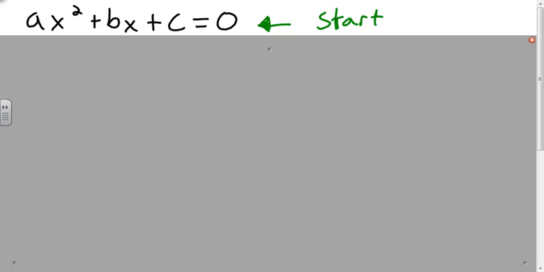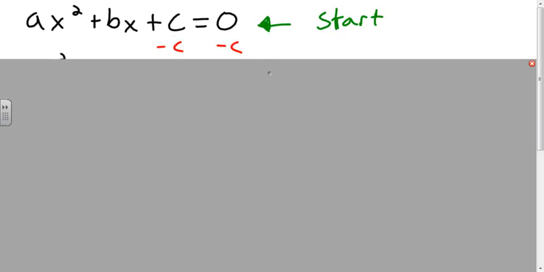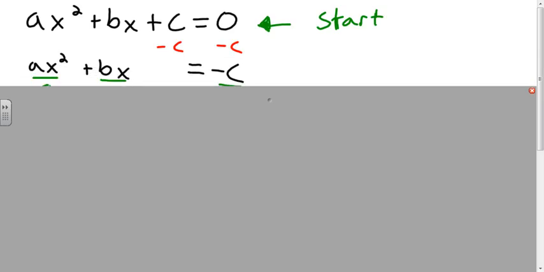So, we start with our basic quadratic equation, like I said, ax squared plus bx plus c equals 0. First thing we're going to do is just subtract c, so we get only terms of x on our left side. That leaves us with ax squared plus bx equals negative c.